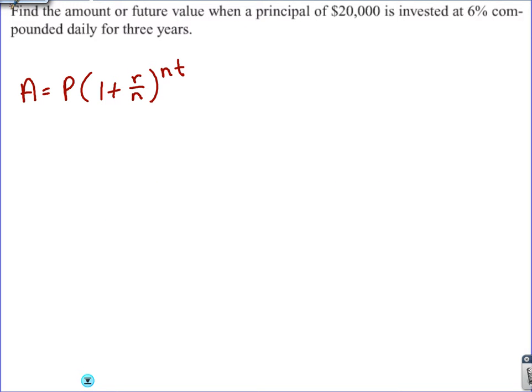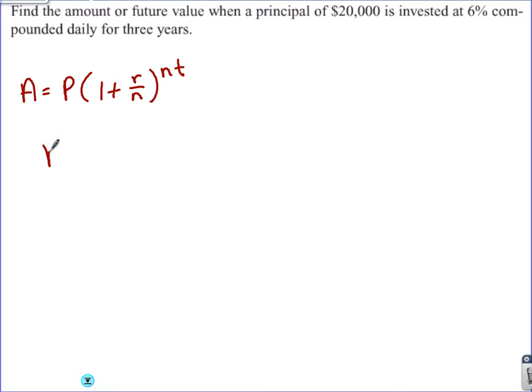So let's work a problem. Find the amount or future value when a principal of $20,000, you're investing $20,000 at 6% interest compounded daily for 3 years. And you want to know how much money you now have. All these first problems are just plugging in.